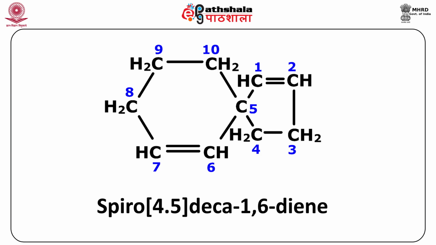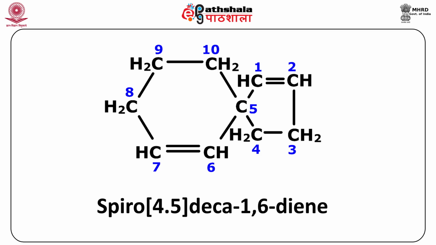Let us see another example. In case where unsaturation is present, the same numeration pattern is maintained, but the direction around the rings is chosen so that the double and triple bonds receive numbers as low as possible in accordance with the earlier stated rules. For example, in the following figure, since the functional group is an alkene, the suffix ene will be used. It has a total of 10 carbon atoms and therefore the root name dec.